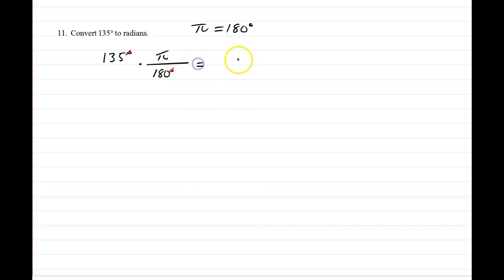And so this becomes 135 over 180 pi. So we want to reduce that fraction. So that becomes 3/4 pi, which is the same thing as 3 pi over 4.